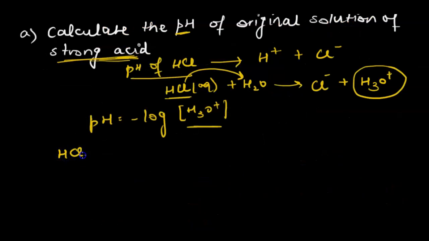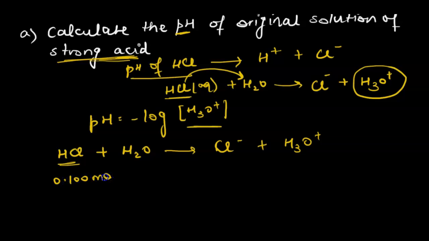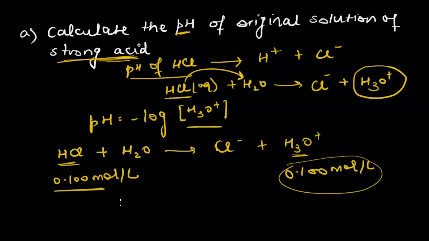So if we rewrite this equation, HCl reacts with water to give us Cl negative and H3O positive. We know the concentration of HCl is 0.100 moles per liter. This is going to completely give off 0.100 moles per liter of H3O positive ion concentration. Using this concentration, we can find the pH.